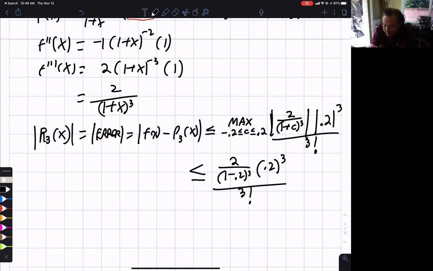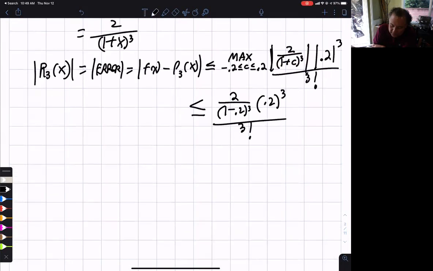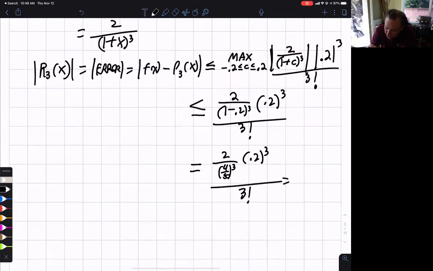Now that can be simplified. You probably don't need to, but I'm going to say that's equal to: the bottom is 0.8, which is 4/5 cubed, times 0.2 cubed over 3 factorial, which is 2 times 4 cubed times 0.2 cubed.